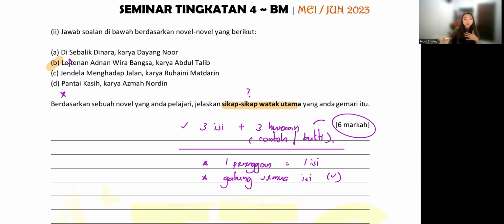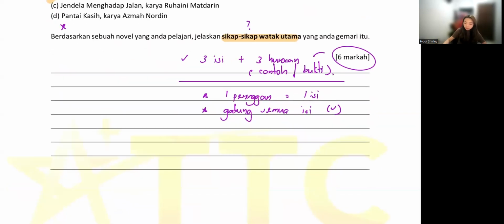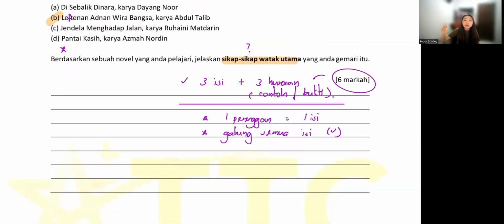So the safest way for you to write, you may start off berdasarkan sebuah novel yang saya pelajari, and then Lieutenant Adnan Wirabangsa karya Abdul Talib, comma, sikap-sikap utama yang saya gemari dalam novel tersebut termasuk, you write it out, okay, comma. But if you are scared, teacher, what if I accidentally put a full stop over it?